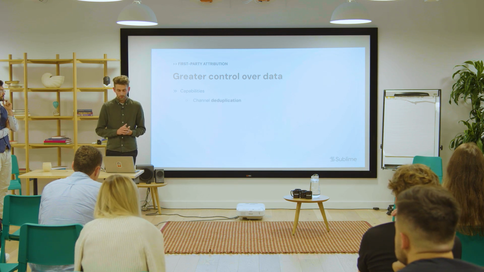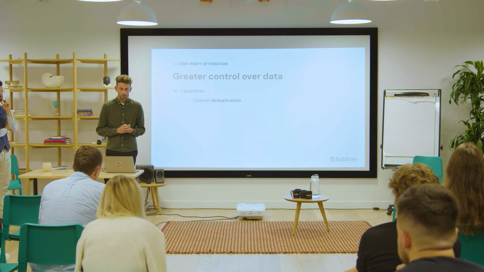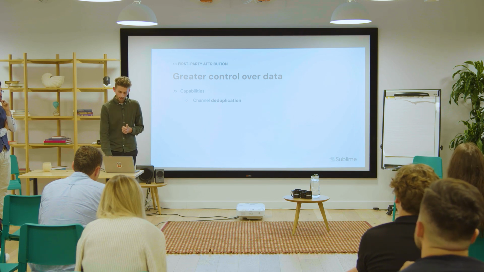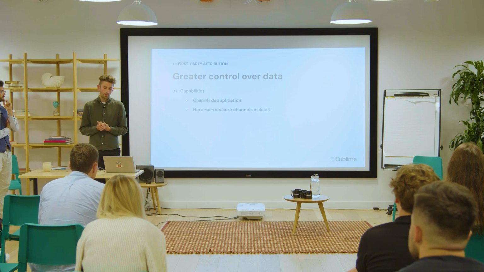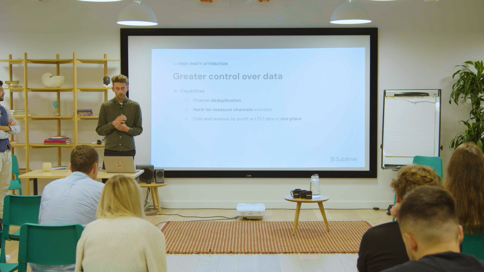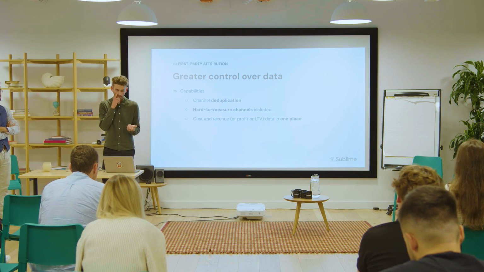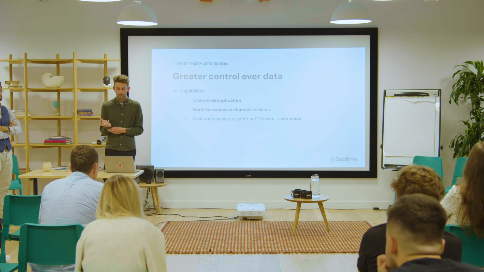The first one is obvious: we get to deduplicate between channels. We get to include channels that are difficult to measure in the platforms, so coupon codes for influencers is probably the main one. We get to connect the cost side, so ad spends, but also spends for influencers, with the revenue side.